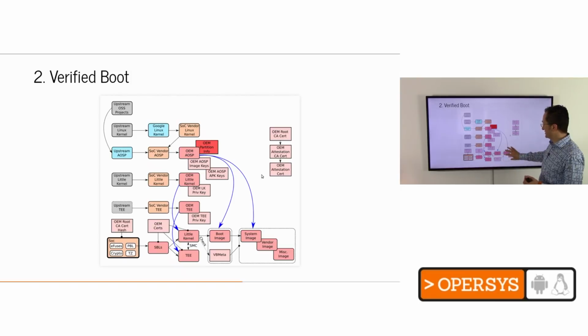And effectively, it's going to check that the different images are properly signed. There's a lot of documentation from Google about verified boot and all that kind of stuff. So at boot time, we're going to check that those images are properly signed, and then let them boot. If they're not properly signed, the boot process will fail.